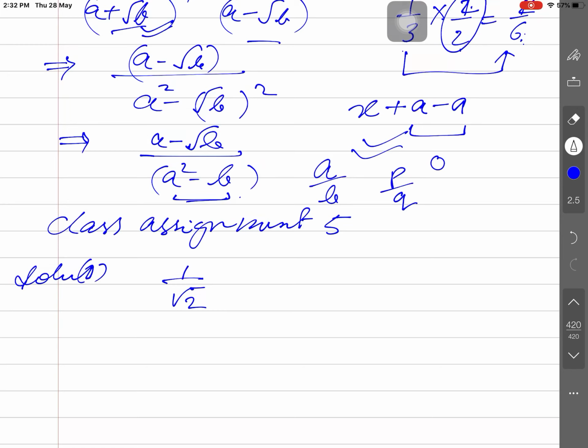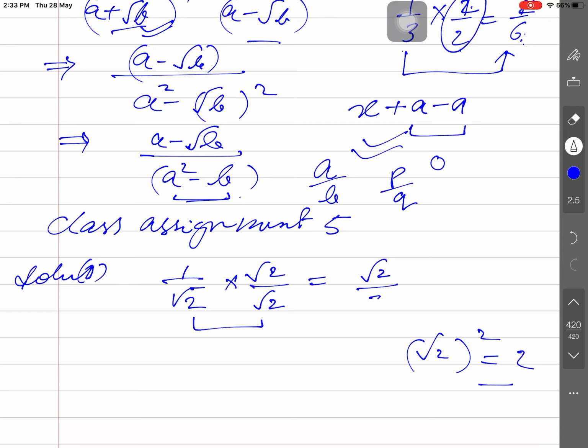How can we rationalize? Obviously we can multiply by root 2. So root 2 into root 2, what will become here? Root 2 square, so it's 2, now rational. But we cannot multiply only the denominator. We also need to multiply the numerator. So what shall it be? Root 2 divided by 2.